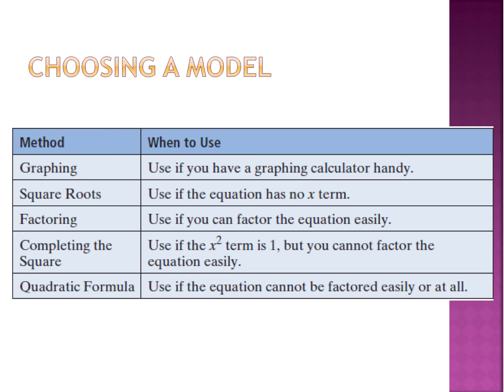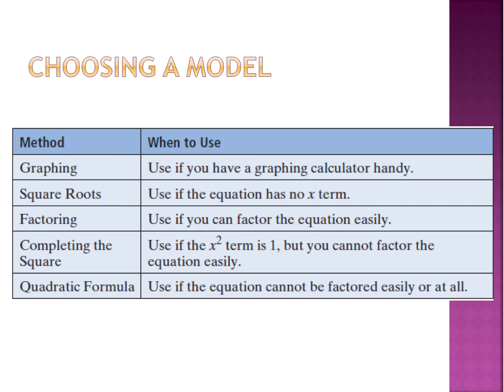This is just a summary of when it might be best to use a particular method. Graphing is something that we can do. If you don't have a calculator or anything handy, you can at least get a rough idea if you create a table and plot your points. Otherwise, graphing is really best to use if you have a graphing calculator or some type of technology to get that exact graph.